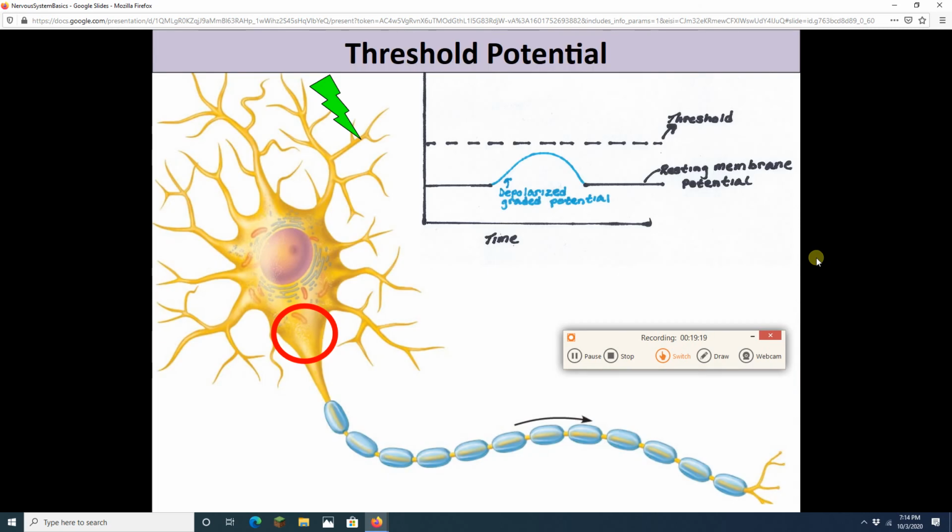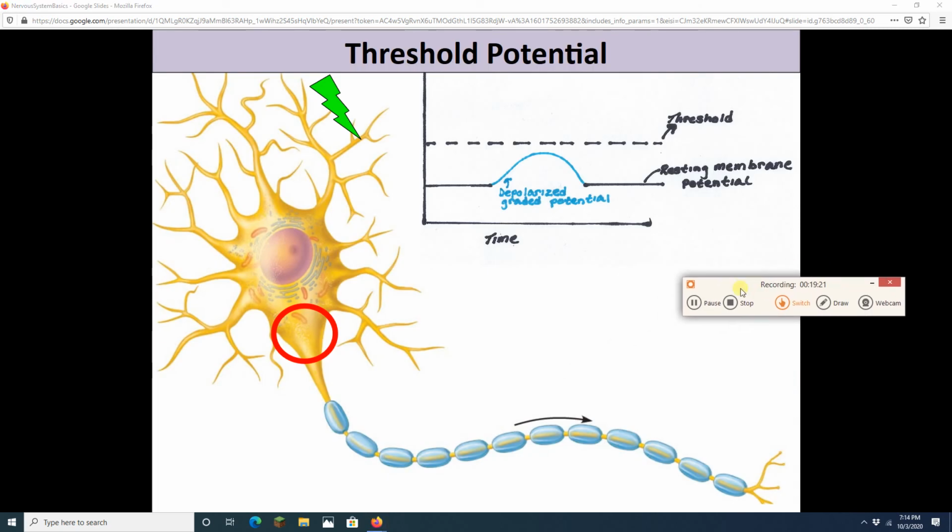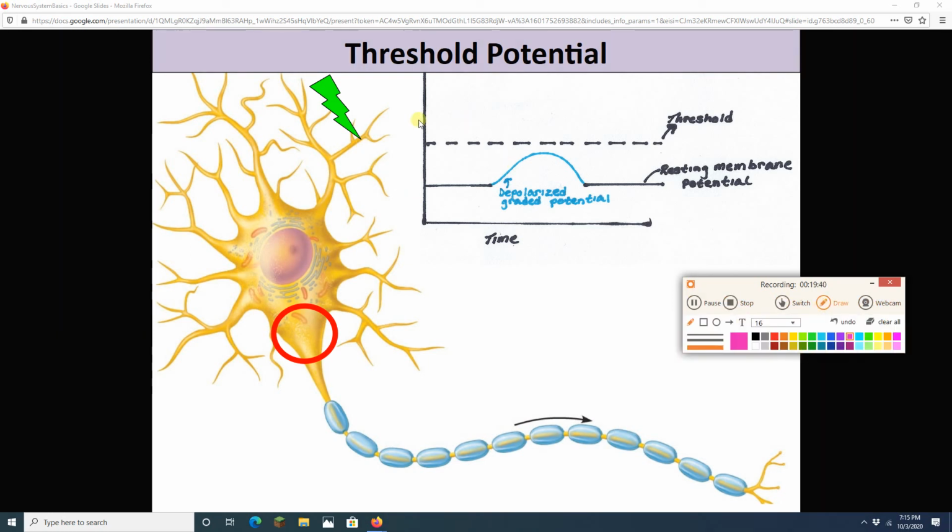All right, here's where it starts to get interesting. Let's suppose that right where I've drawn this green lightning bolt, that is where neurotransmitters are going to bind to the dendrite, and they are going to create a depolarization there, an EPSP.